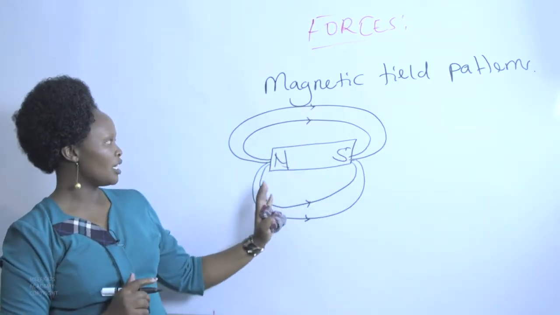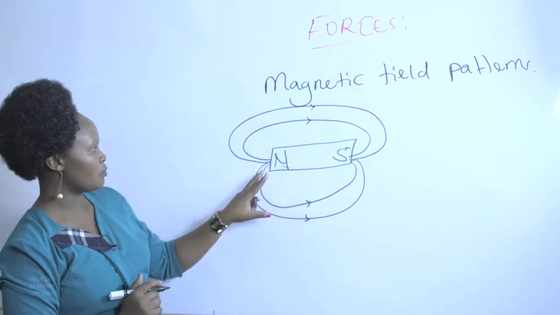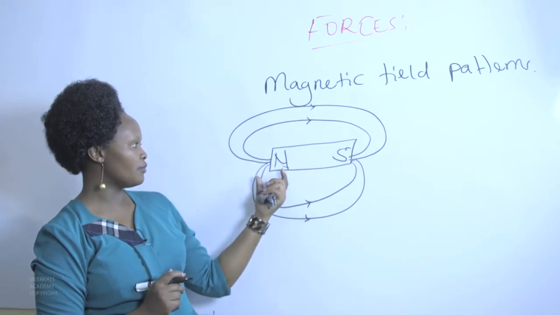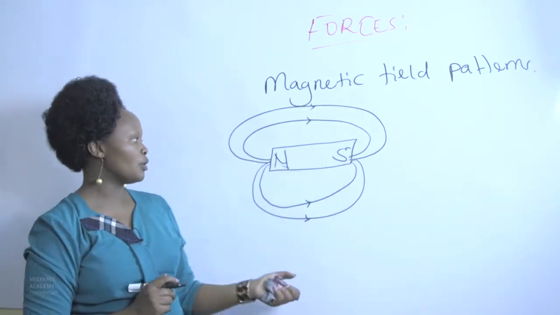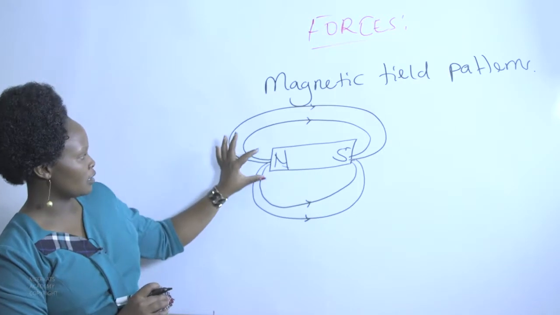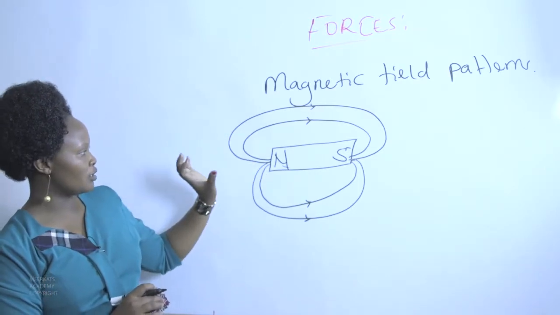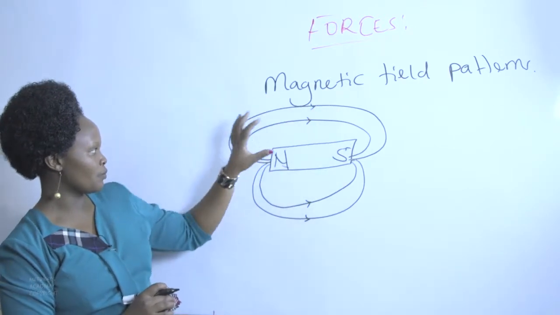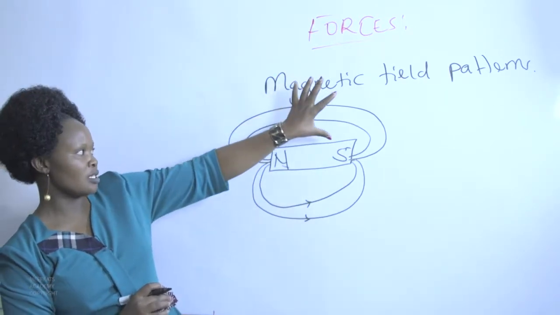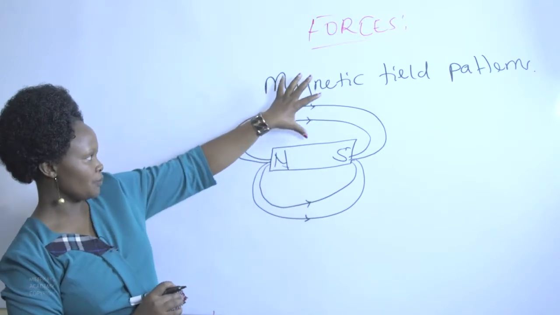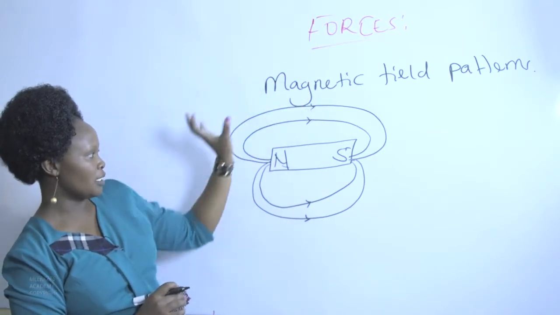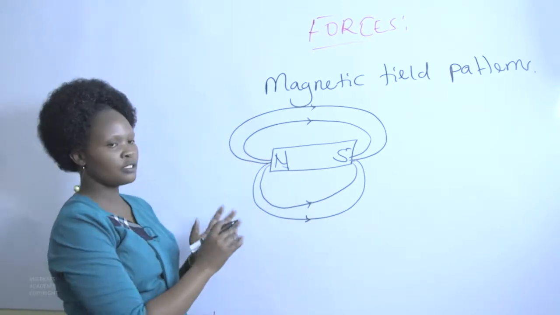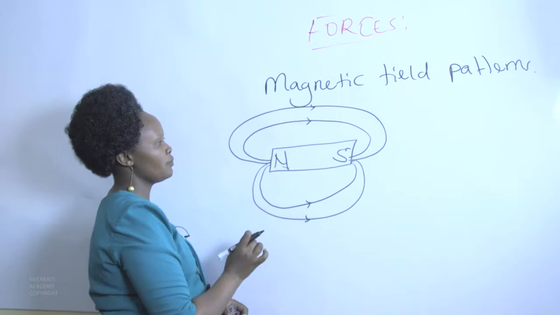It is good to note that my arrowhead points from north to south, which indicates that they are originating from north to south pole. Again, note the distance between individual lines at the poles and in other regions. You see that in other regions, the lines are actually far apart as compared to near the poles where they are concentrated together here.